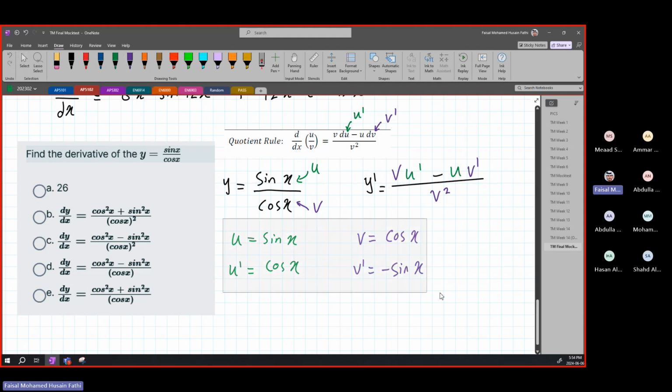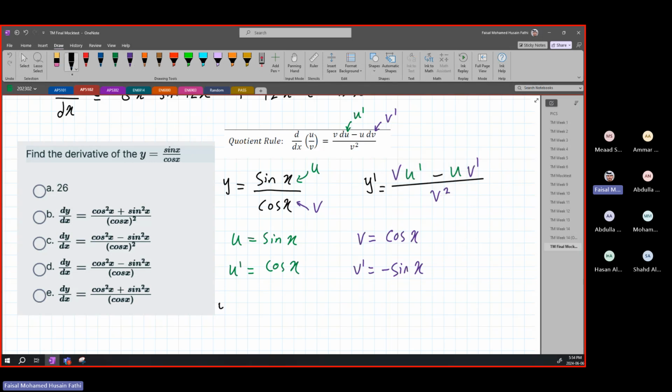And then all you have to do is plug in these values into this equation. So our y prime or dy by dx, it's the same thing. All right? It's just different notation, but same meaning. dy by dx equals v times u prime. So what is our v?